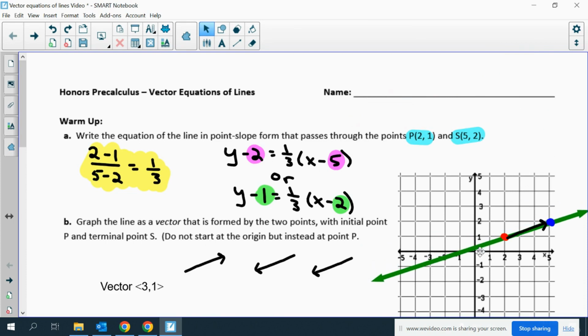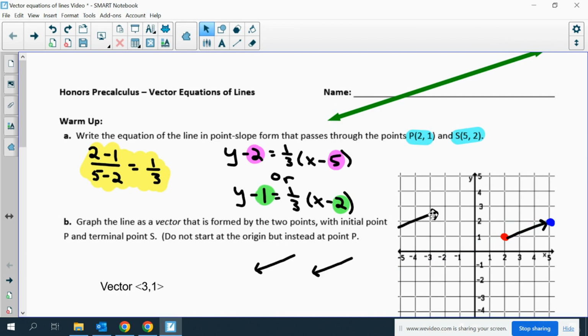Notice that it's right on top of where the line is. But I could make the vector twice as long, or I could make the vector go in the other direction. Or I could make that go twice as long.